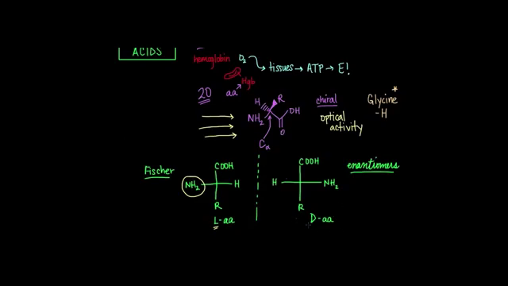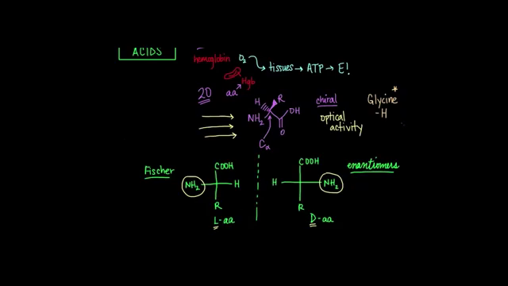Now, if I look at the D amino acid, I again look for the amino group, and I see that it's to the right of this configuration. And so D, which actually means dextro, or right in Latin, is for right amino group. And that's kind of how I like to keep them straight.